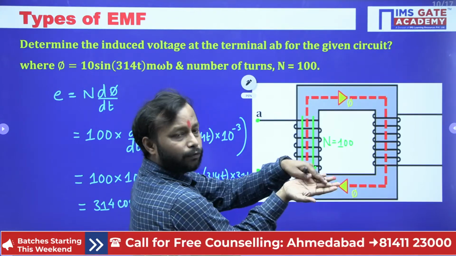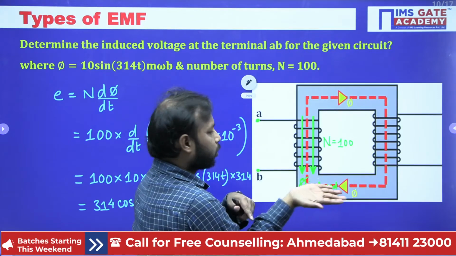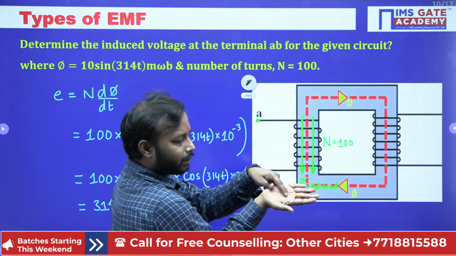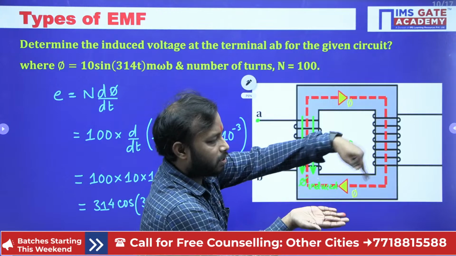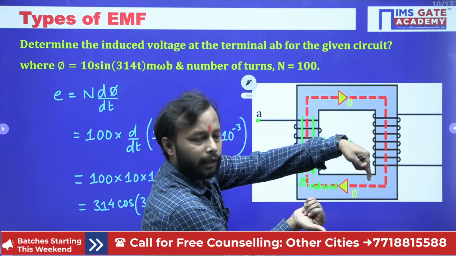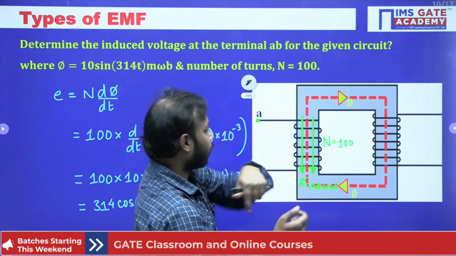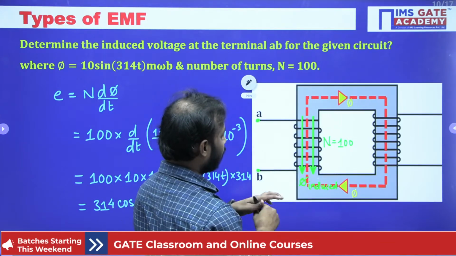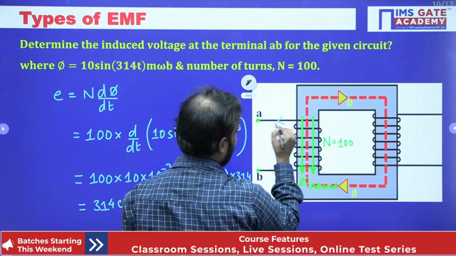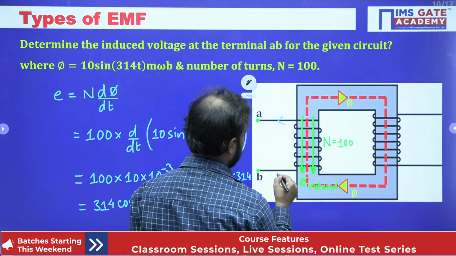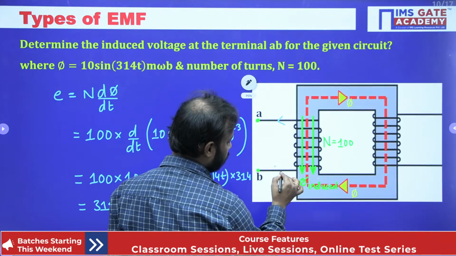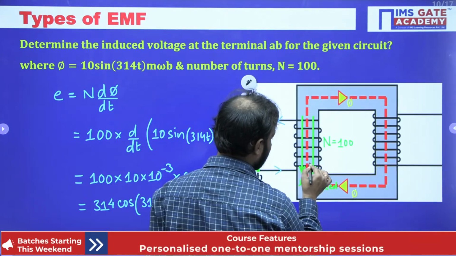Then this forefinger will give the direction of induced current. So the induced current from back side will be towards right, and from front side it will be towards left like this. So direction will be this one.